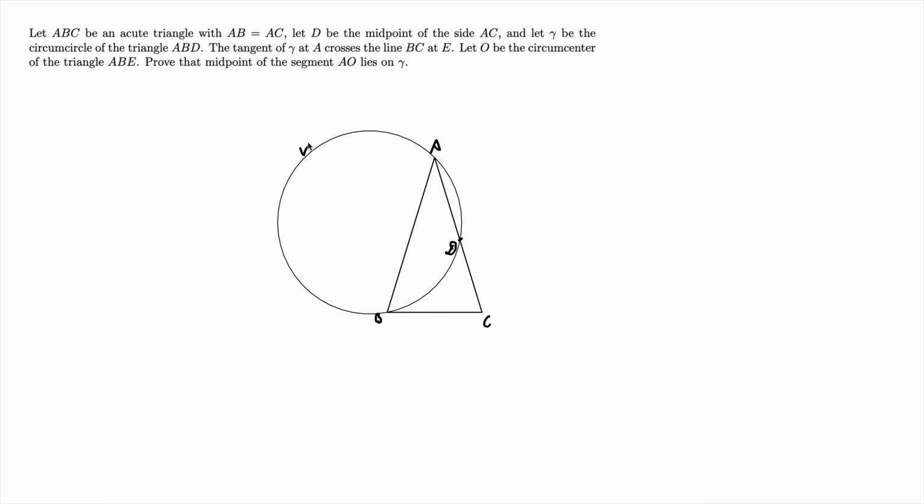And the tangent of gamma at A crosses BC. So that point is B, BC.